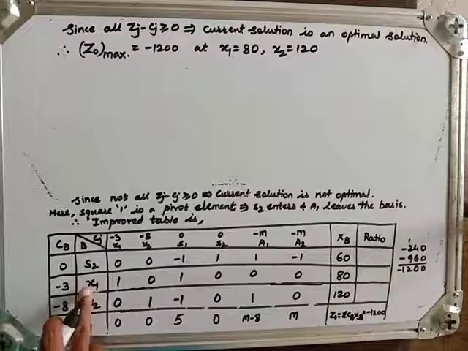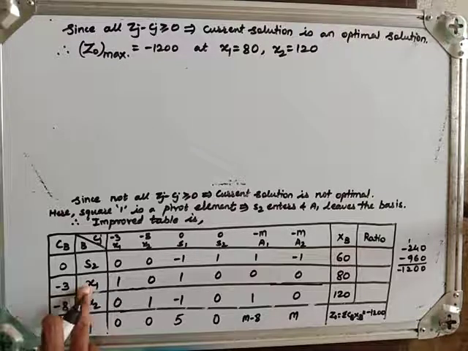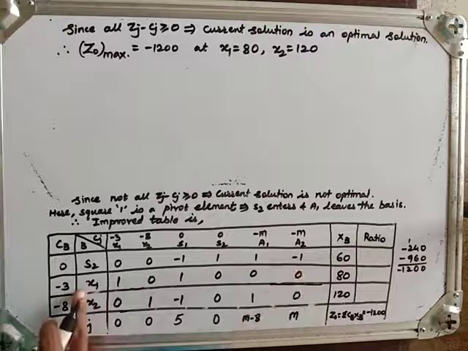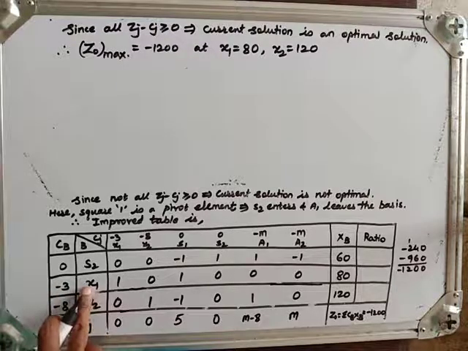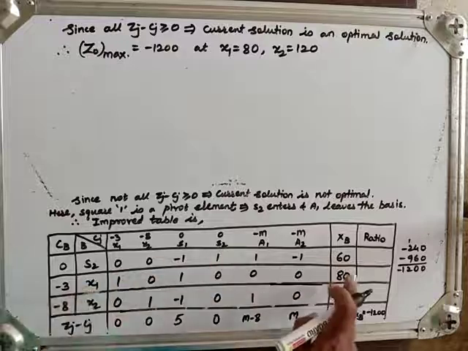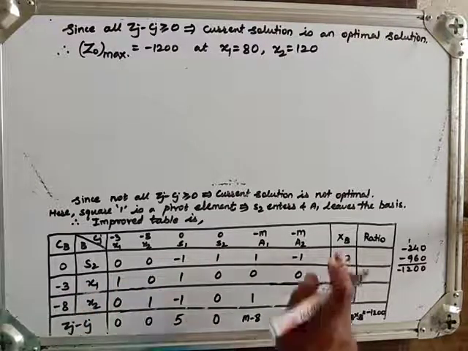Take the values of the decision variables from XB. Remember that thing in solution. Don't take the values from CB as a solution. These are just the coefficients of them. We are taking the values of x1, x2 from XB. So x1 equal to 80, x2 equal to 120.